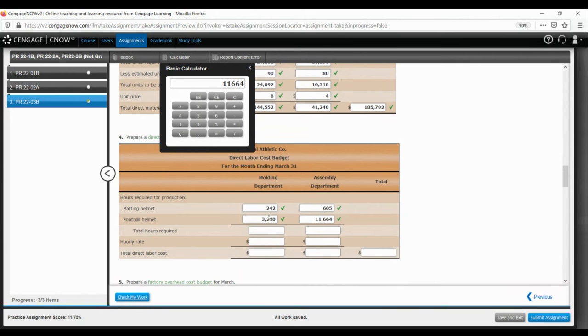To get the total hours required, we're simply going to add these two together, which is 3482.